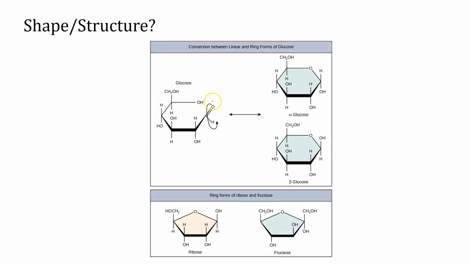The shape of these, they can either be linear or they can be in a ring form. So this is a picture showing a linear form. Keep in mind when you're looking at one of these types of pictures, the lines refer to a covalent bond. Also, the carbons are not identified, they're just assumed.